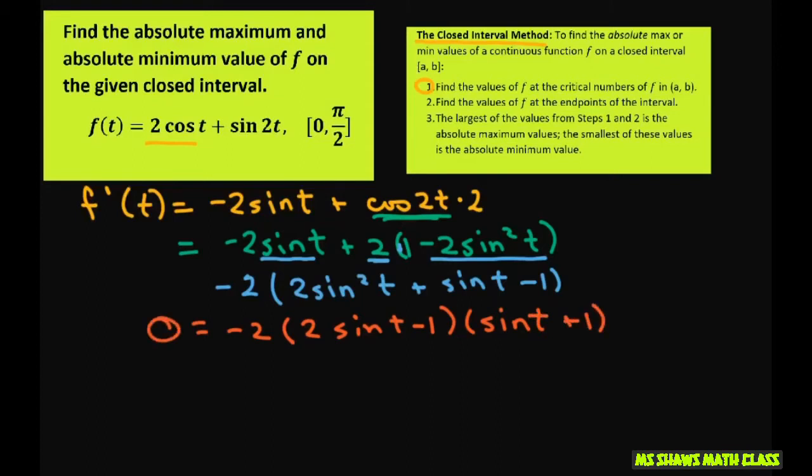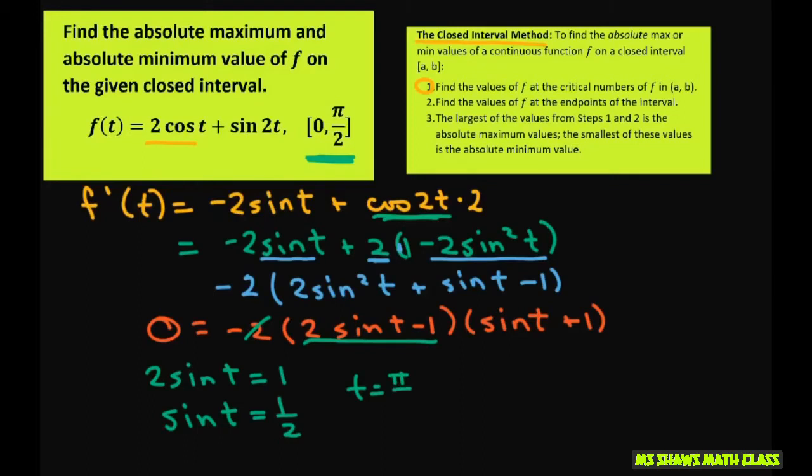We don't really need to look at the negative 2 here, so just set this to 0, and if you add 1 to both sides, you get 2 sine of t equals 1. So sine of t equals 1/2. And since we have to do this in quadrant 1 here, that means t is pi divided by 6.